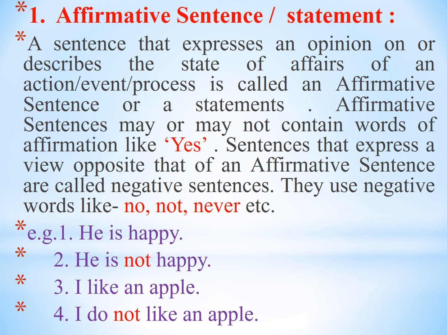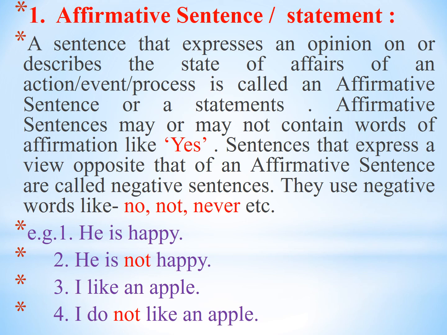Now there are two types of affirmative sentences: one is the positive sentence, and second is the negative sentence. In the positive sentence, not is not there: he is happy. But in the negative sentence, not is present after the verb: he is not happy.